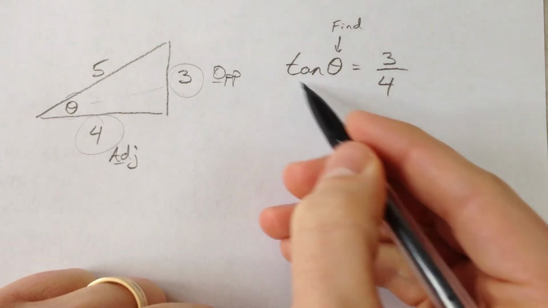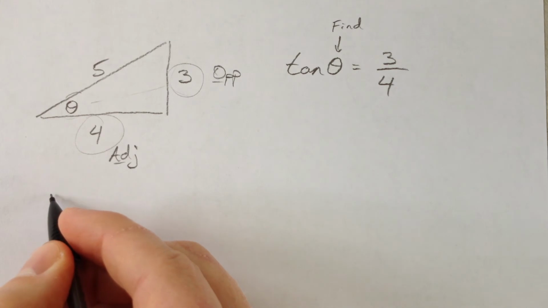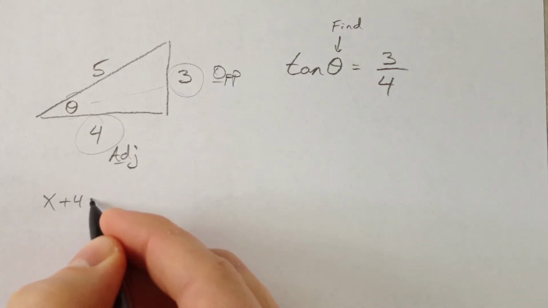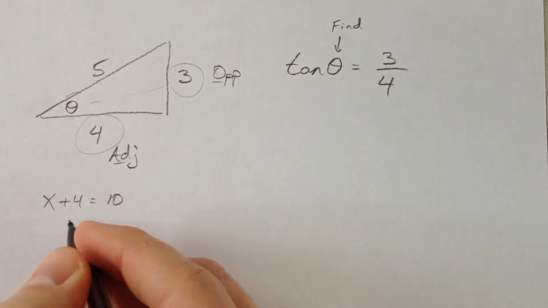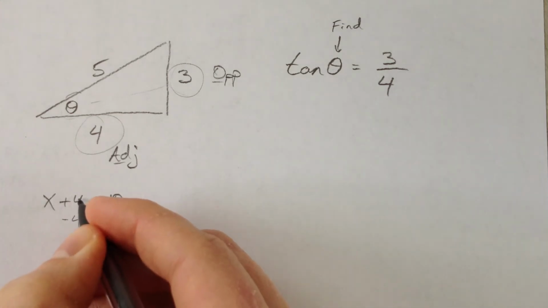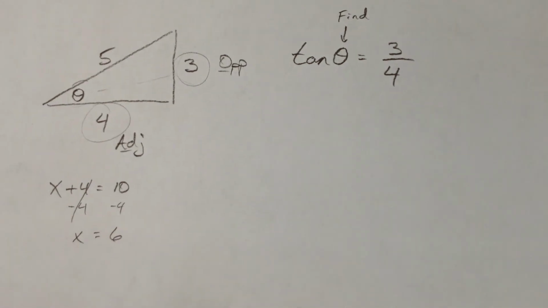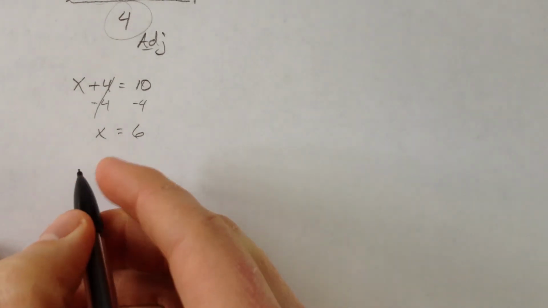So to free it from the tangent is a little different, because if you were solving an equation like x plus 4 equals 10, you would simply subtract 4, because the plus 4 and the minus 4 undo each other. And this is a little sidebar here.